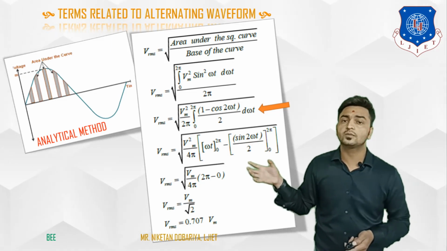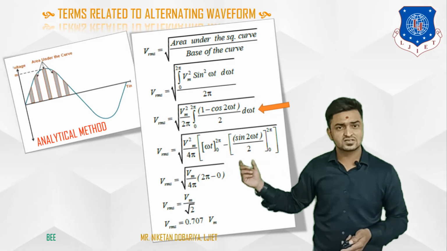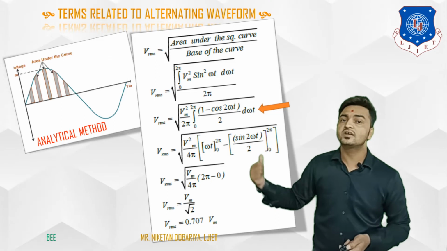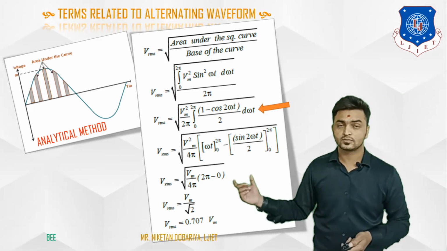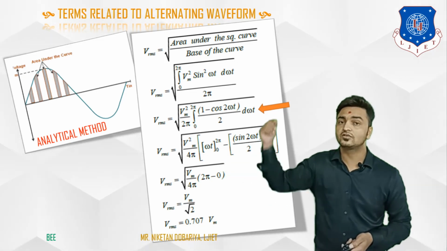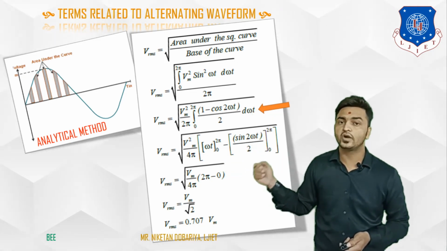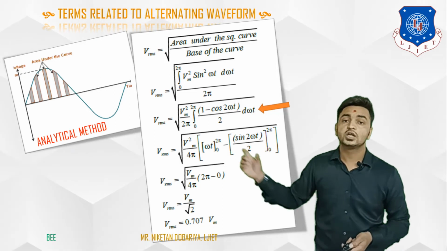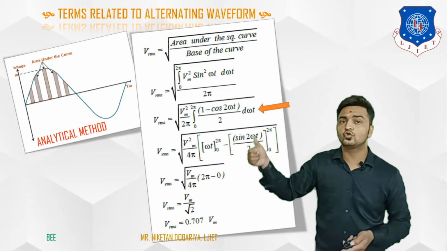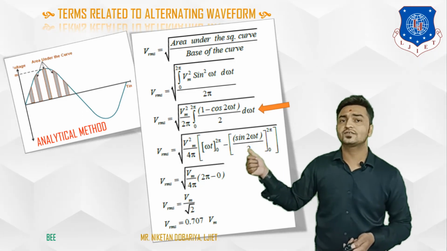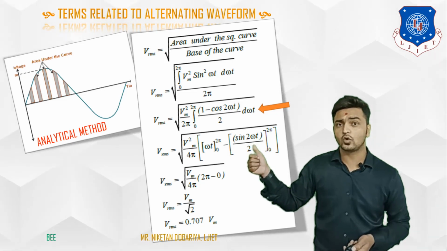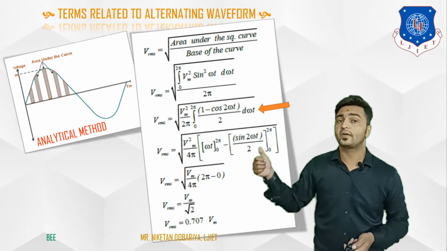So finally we have the term omega t minus sin 2 omega t divided by 2, and we will apply limits on both terms. If we put the limits on the first value omega t, that is 2 pi and 0, that will provide 2 pi minus 0, meaning 2 pi. Now similarly, if we apply the values 2 pi and 0 in this function, sin 4 pi will appear over here, and we know that sin 4 pi is 0.